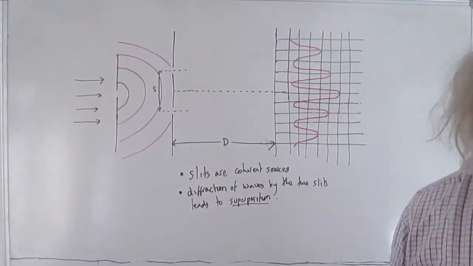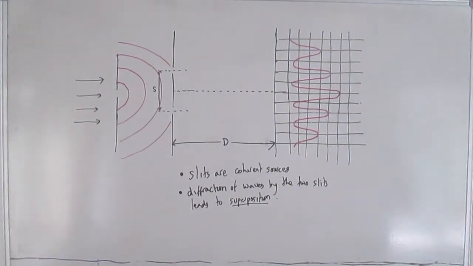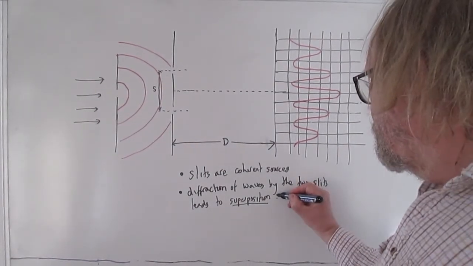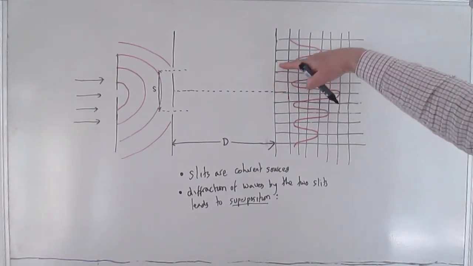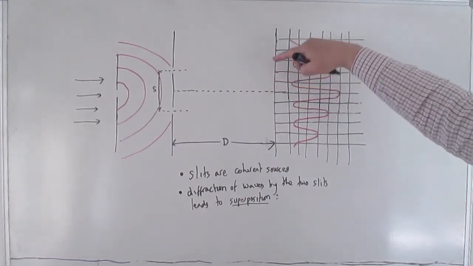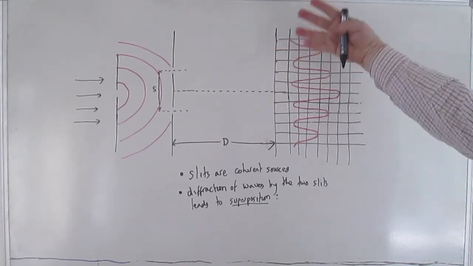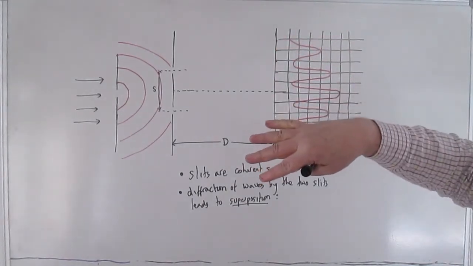Okay, so that word needs to be in there. And superposition just means that when 2 waves arrive at the same point, you simply add up the displacement of the 2 waves to work out what the resultant will be. And what determines whether you get a bright or dark fringe at the screen is whether, when the waves from the 2 sources arrive there, they're in phase or anti-phase.